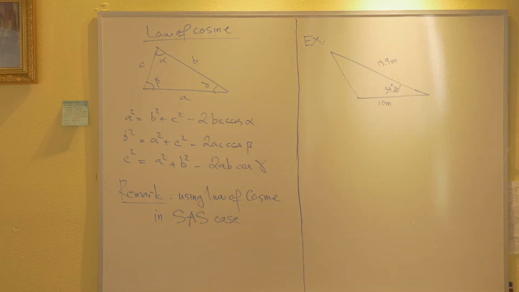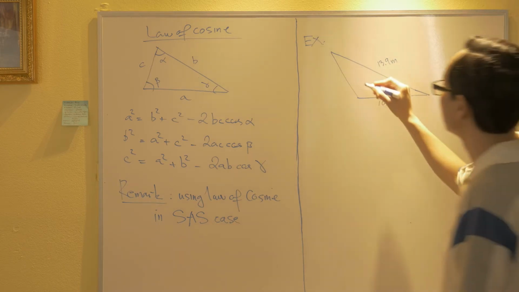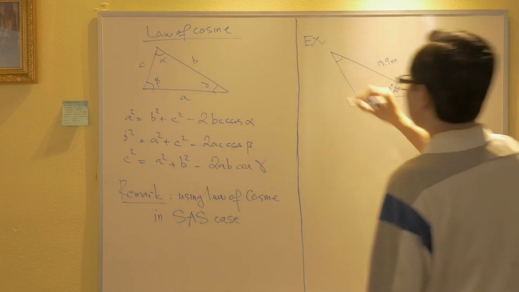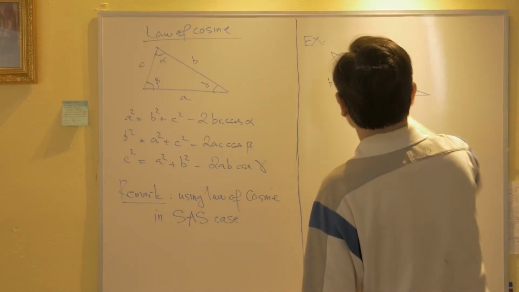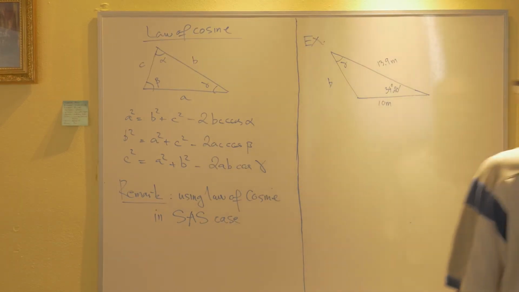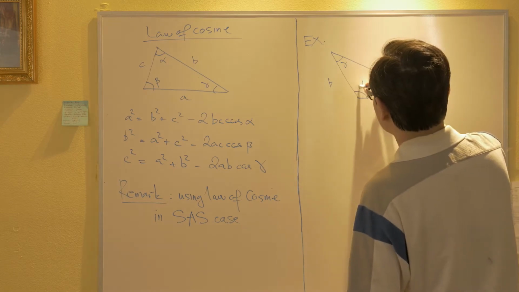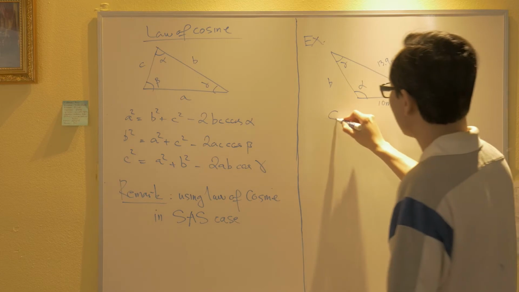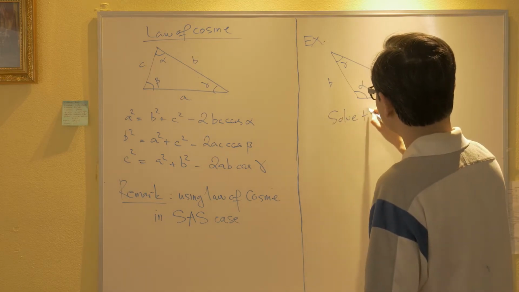This is alpha, this is gamma, this is B. And the question is, solve this triangle.